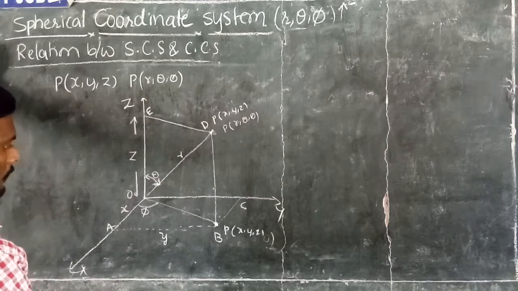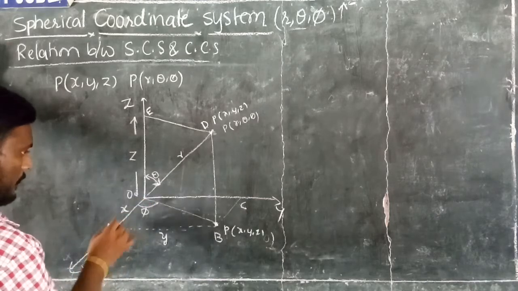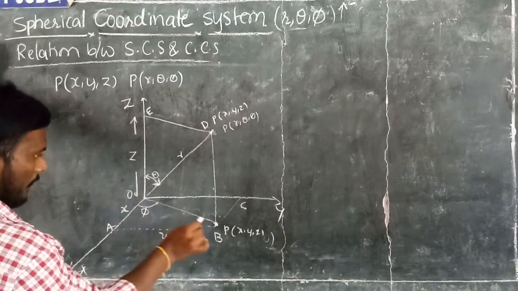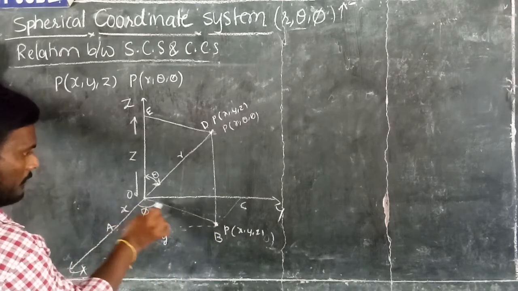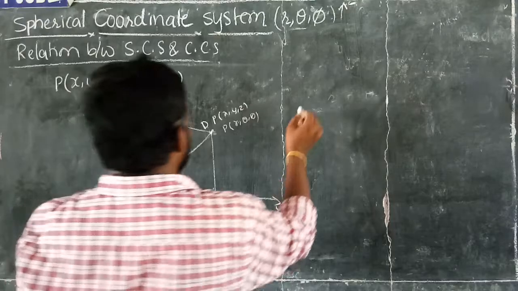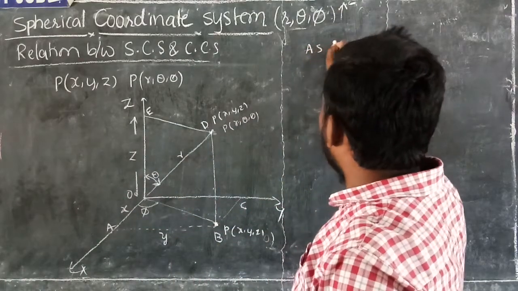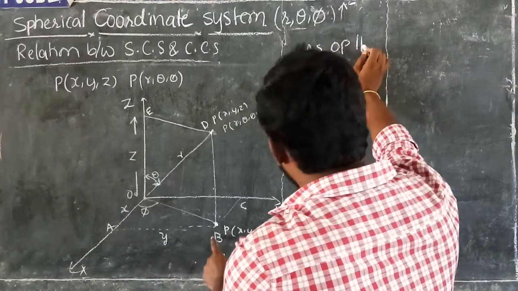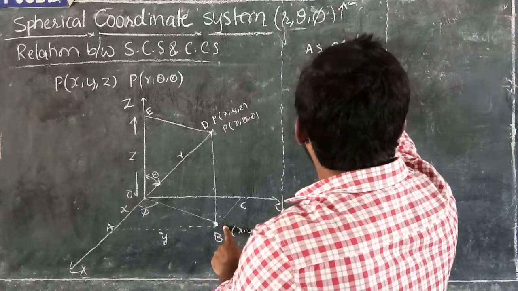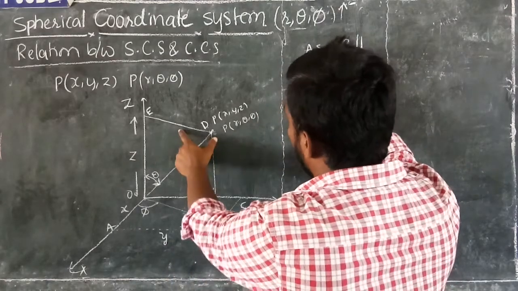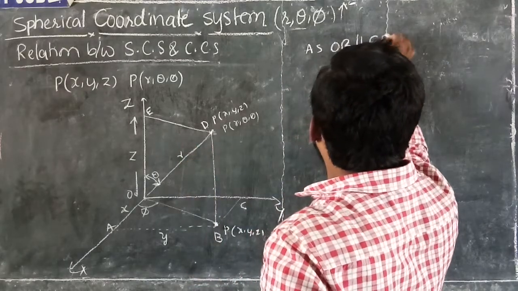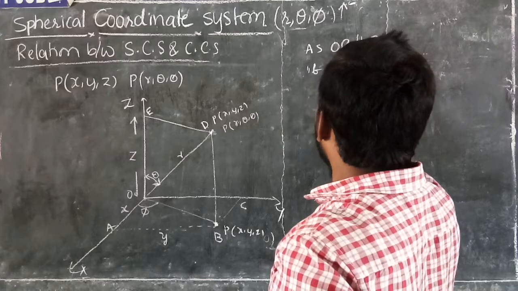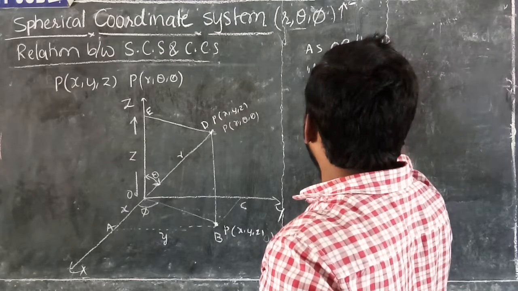From triangle OAB, I don't know this value. What is this value? It is OB. As OB is parallel to ED, ED is equal to OB.